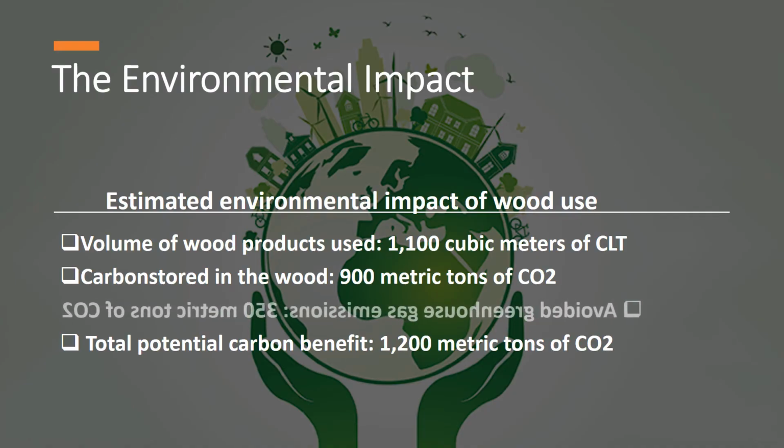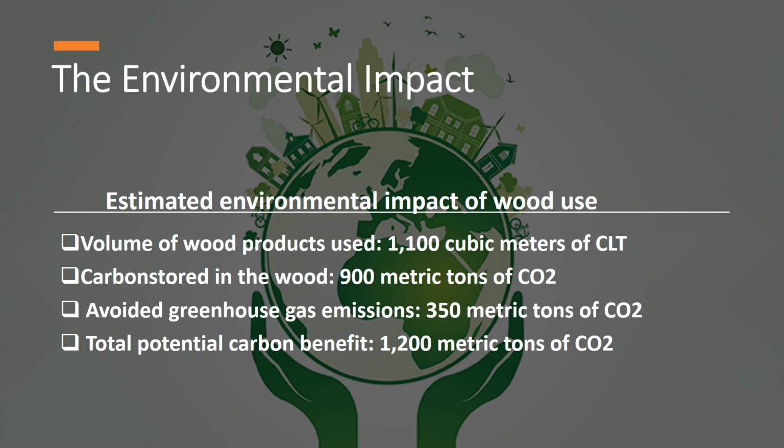And lastly, from an environmental impact, the key takeaway is the avoidance of gas emissions. So building the 10-story CLT would result in avoiding 350 metric tons of CO2, which equates to about taking off the roads 200 to 300 cars per year.